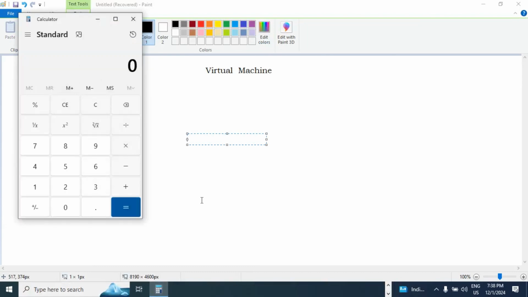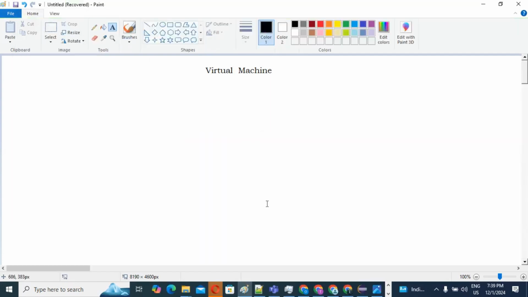This is a virtual calculator. It doesn't have any weight or color, it's only appearance. But when you have a physically existing calculator, you can see that it has some weight and some color. That's the example.